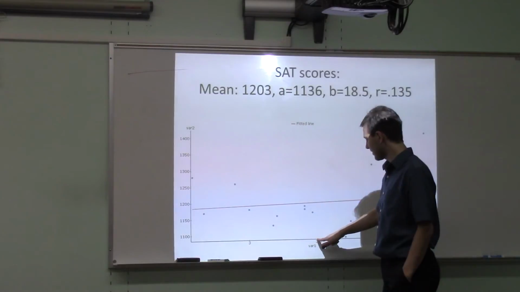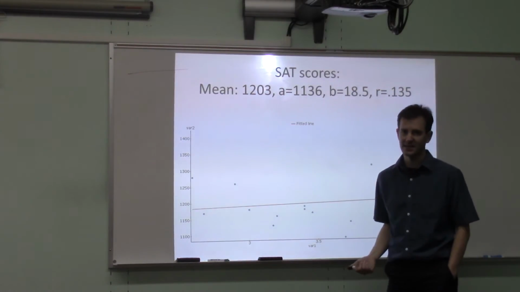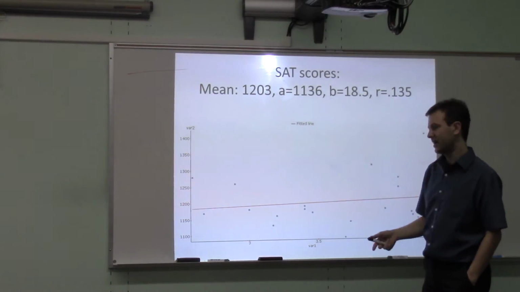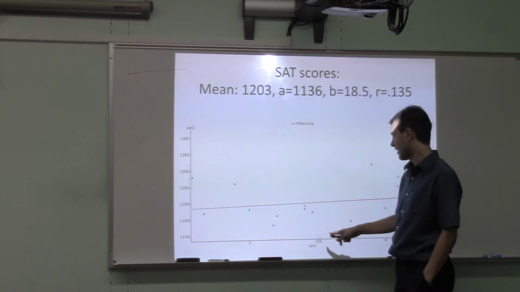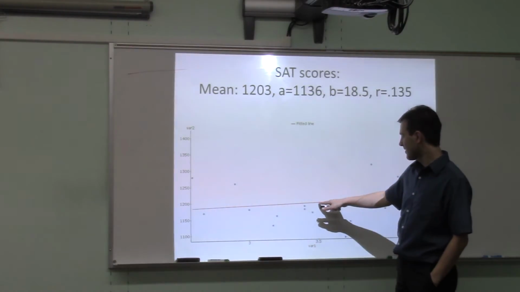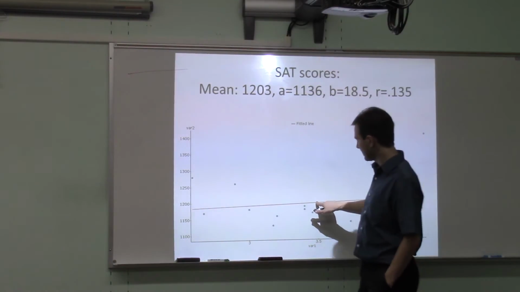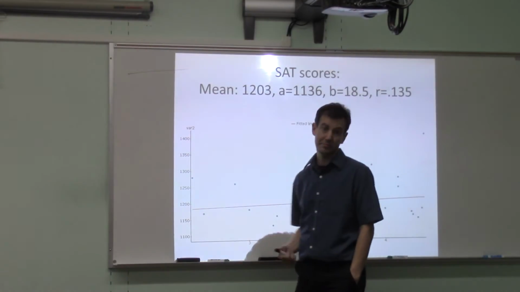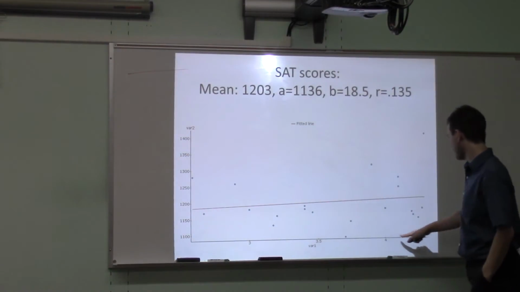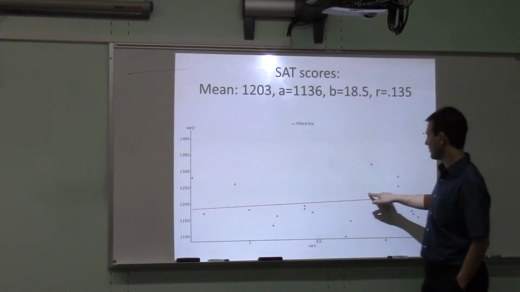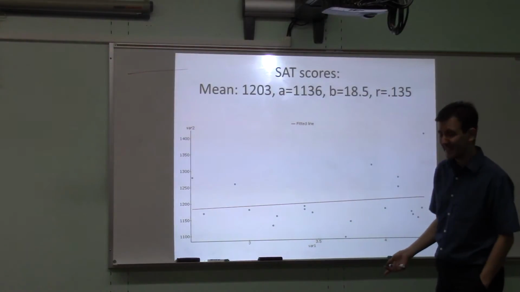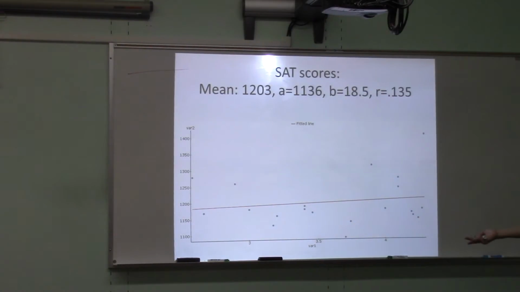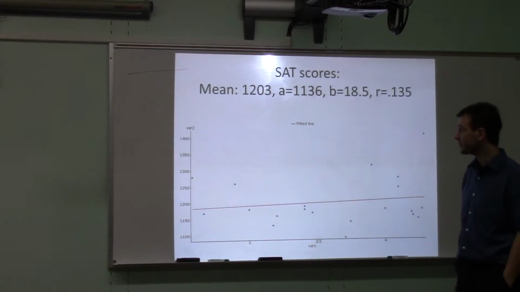So if a new kid switches into my class, also taking AP Stats, and I know their GPA is 3.5, my best prediction for their SAT score would probably be 1200. If somebody had a 5 GPA, my best prediction for their SAT score would probably be 1220. It really doesn't seem to make a very big difference, but this is a better prediction than the original.